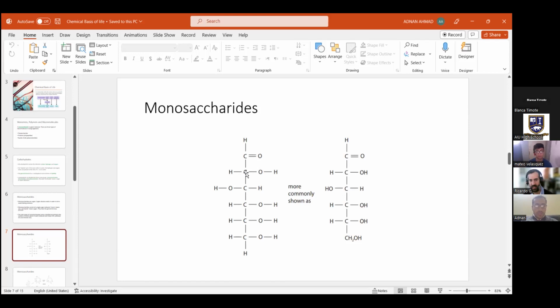Well done. So there are 6 carbon atoms in this monosaccharide molecule, and all the carbon atoms have formed 4 bonds. You guys might be familiar with the naming of carbon chains, like if there are 2 carbon atoms or 3, we call that molecule a specific name.